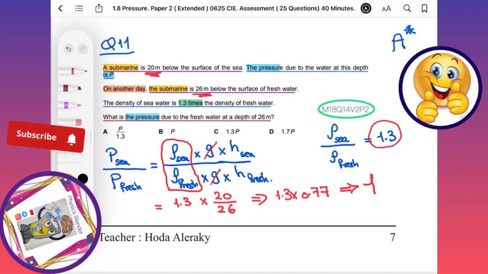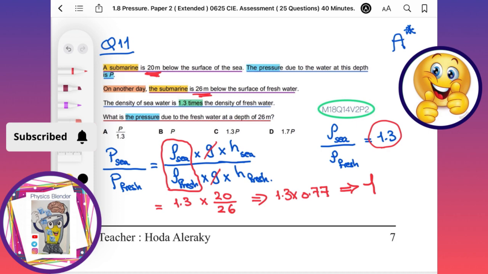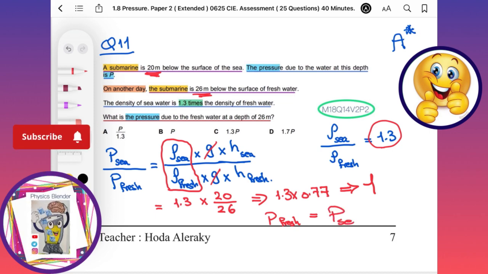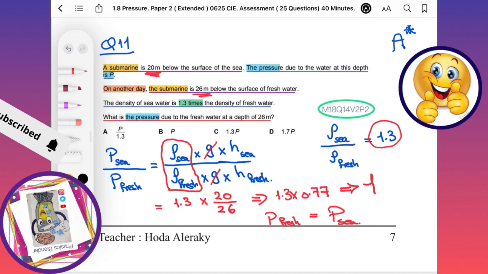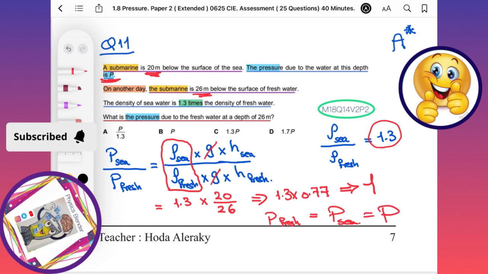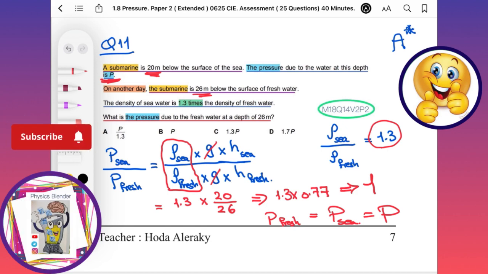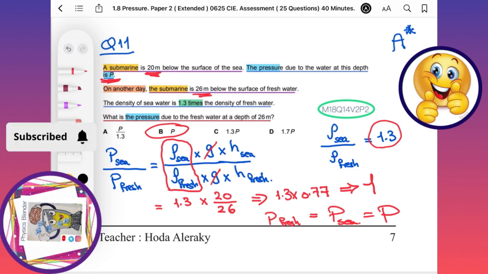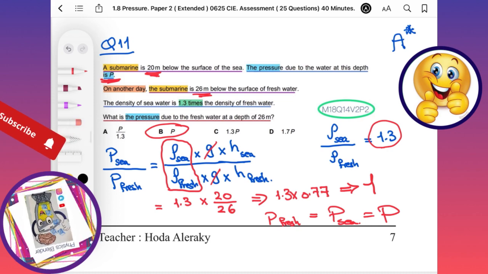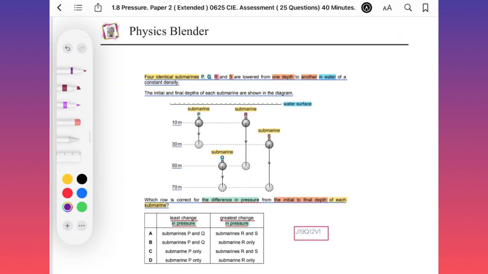So this ratio is equal to 1, which means pressure due to fresh water is equal to pressure due to seawater, which is equal to P, as written here. Okay, so the correct answer for this one is P. Pressure due to seawater is equal to the pressure due to fresh water, which is equal to P.